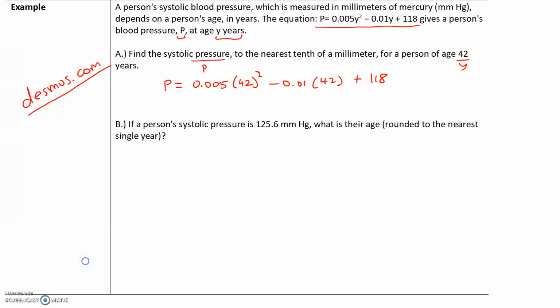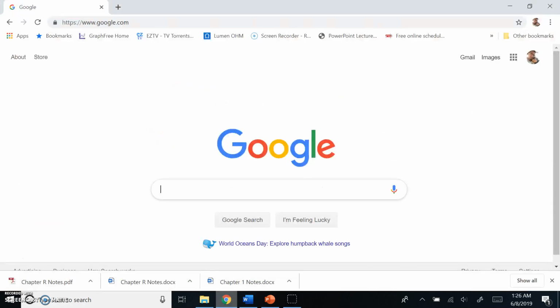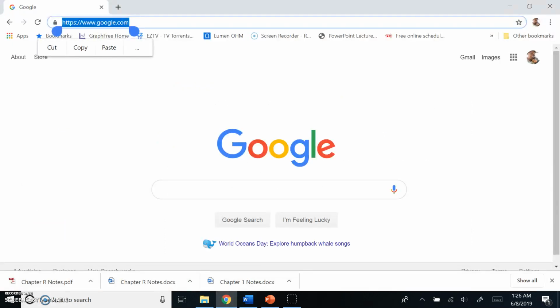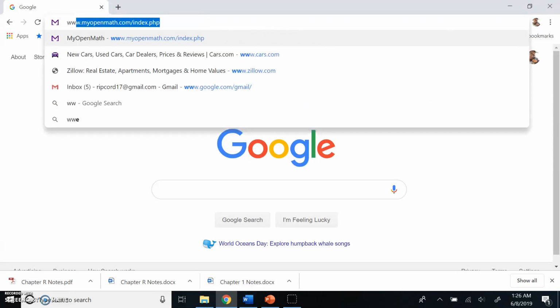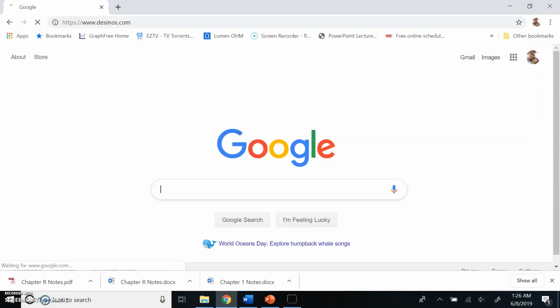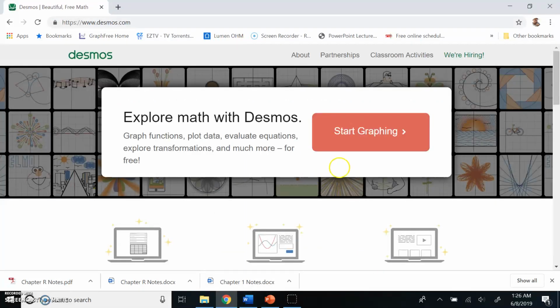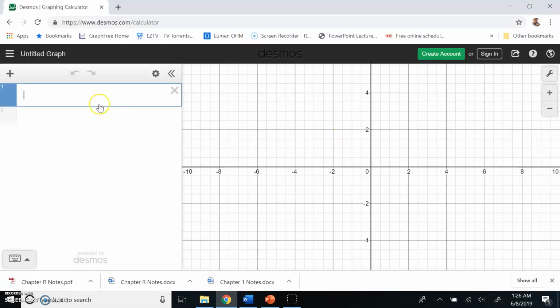So here's what we're going to do. We're going to go to the browser, and go to desmos.com. Then just click on Start Graphing. Even though it says graphing, you can also use this as a calculator. So let's put in our function. We have 0.005 times 42.